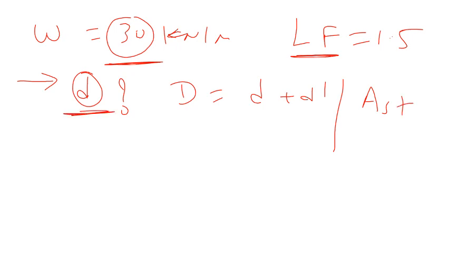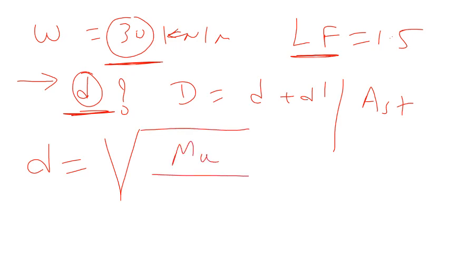So how to find out the d? To find out the d, we need to use this formula, if you remember. d will be equal to square root of Mu divided by Ru max into b. This total quantity is under square root.